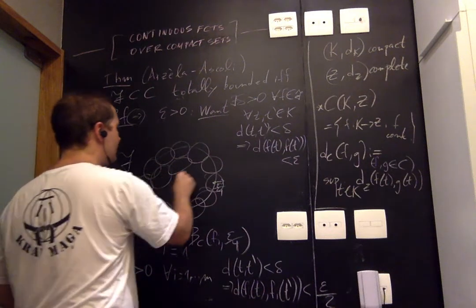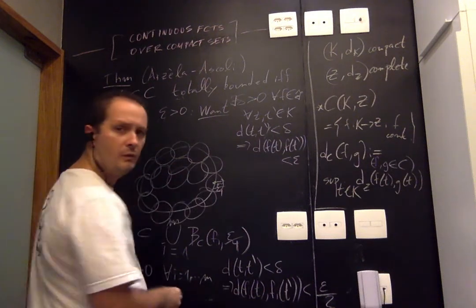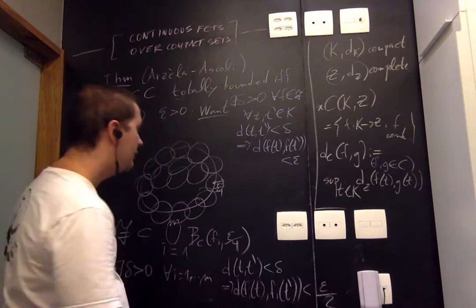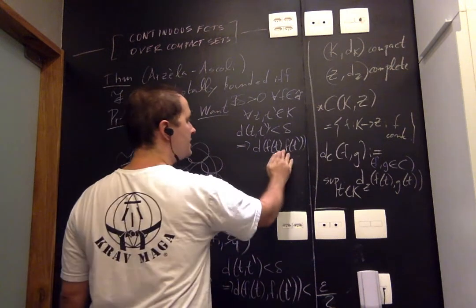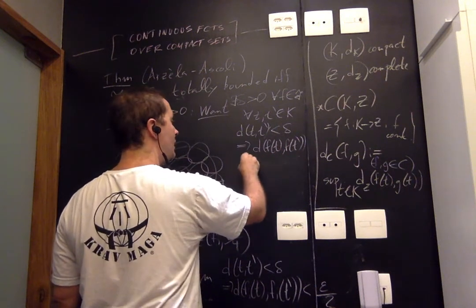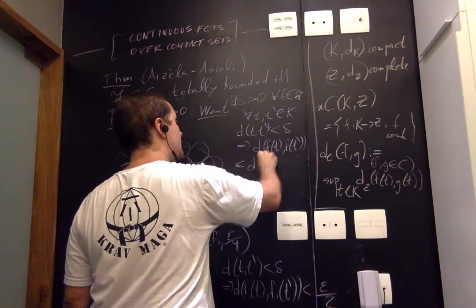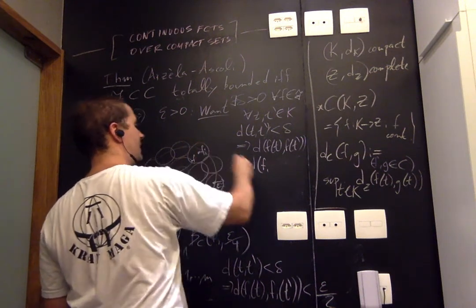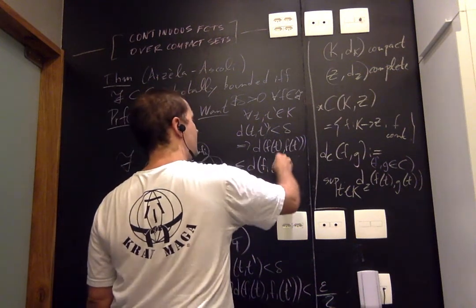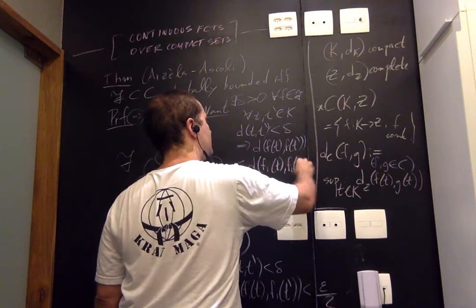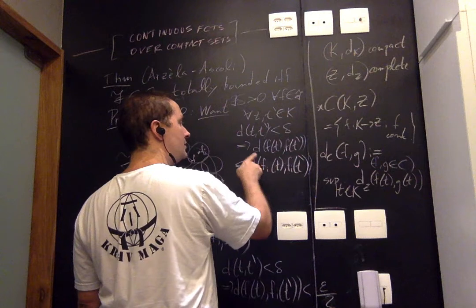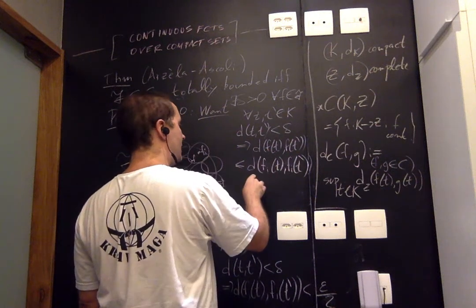But why does that solve my problem? Well, it's really simple. Now, if you look at this thing here, distance of f of t to f of t prime, this is at most, well, say f is in this ball. Here's f sub i. Now I look at f sub i of t prime. And what's the price I pay to move? Well, I have to compute the distance from f to f sub i.